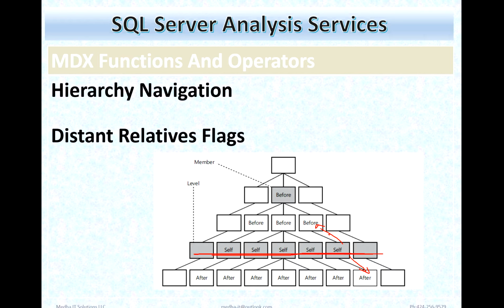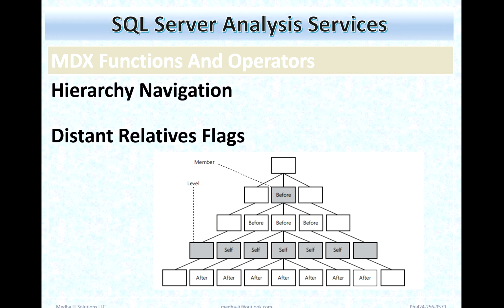When we say self and after, it returns the members at the level we requested and the downstream levels. Similarly, when we say self and before, it gives all the members at the current level, or the requested level, and the before or the parent level.